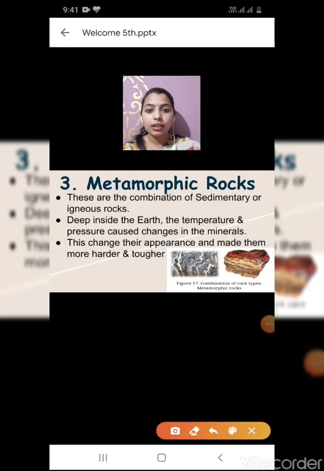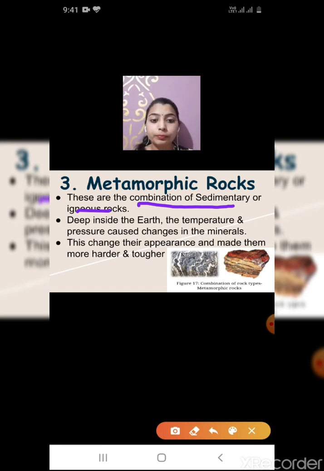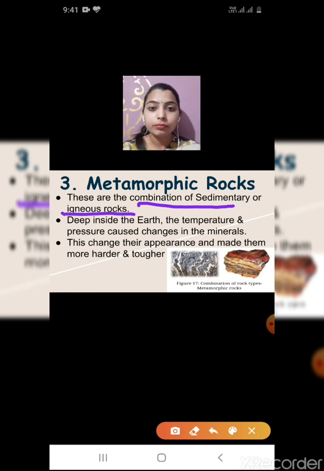Metamorphic rock is the combination of both the rocks which we have studied, sedimentary and igneous rocks.